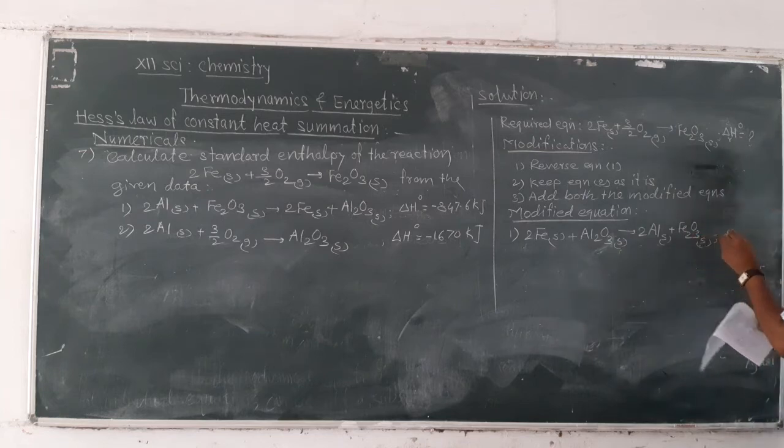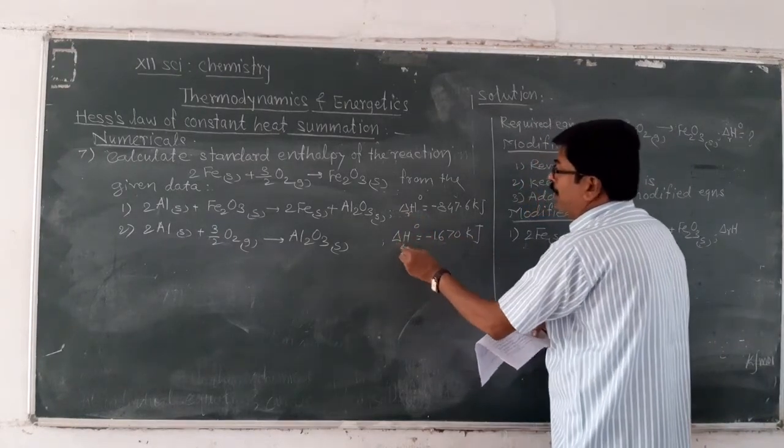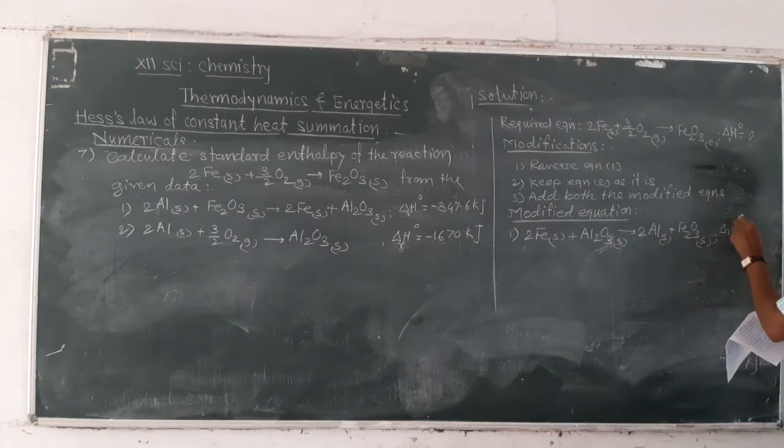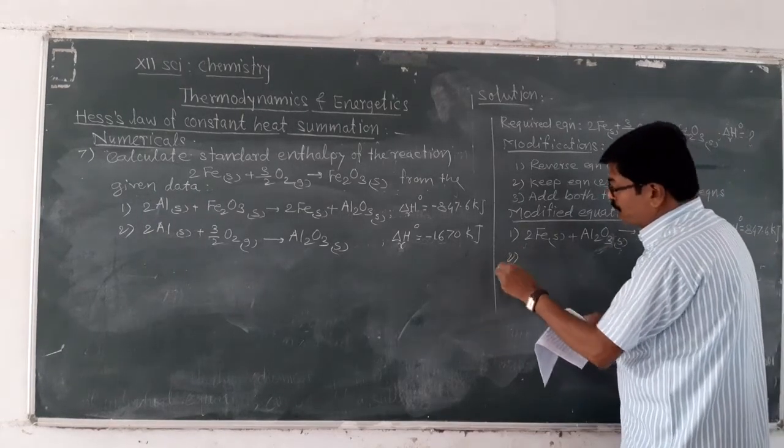Equation is reversed, therefore its enthalpy of reaction also gets reversed. From minus it becomes plus 847.6 kilojoule.